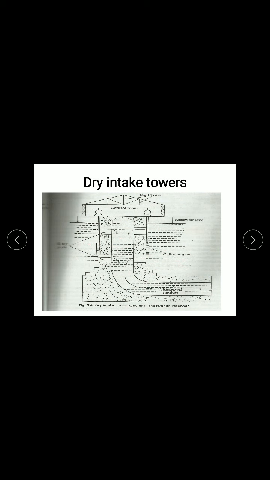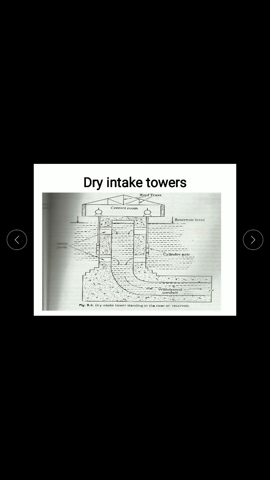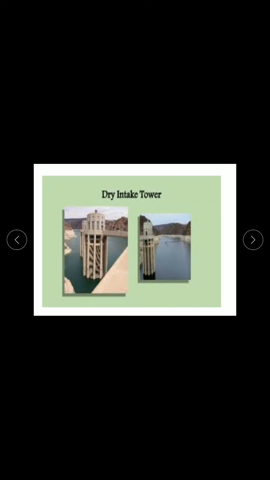The water enters directly through the ports, you can see the ports here, and the gate is there to control that. When the gate is open, the water enters into the withdrawal pipe, then it is sent into the water treatment unit. So this is the difference between wet intake tower and dry intake tower.